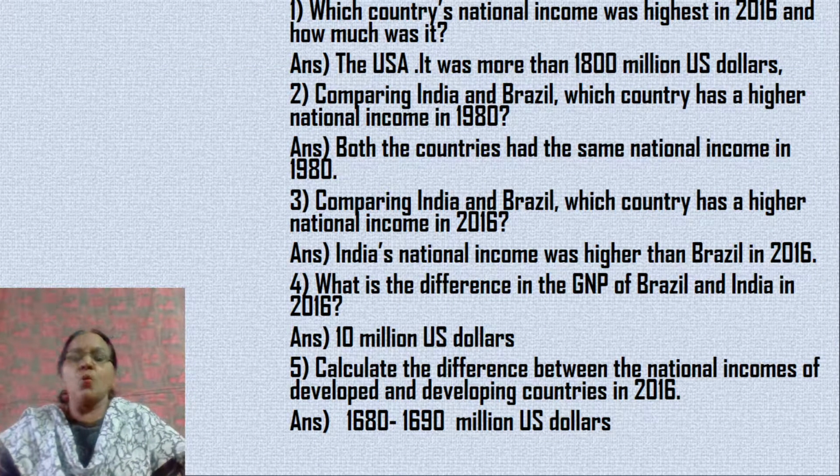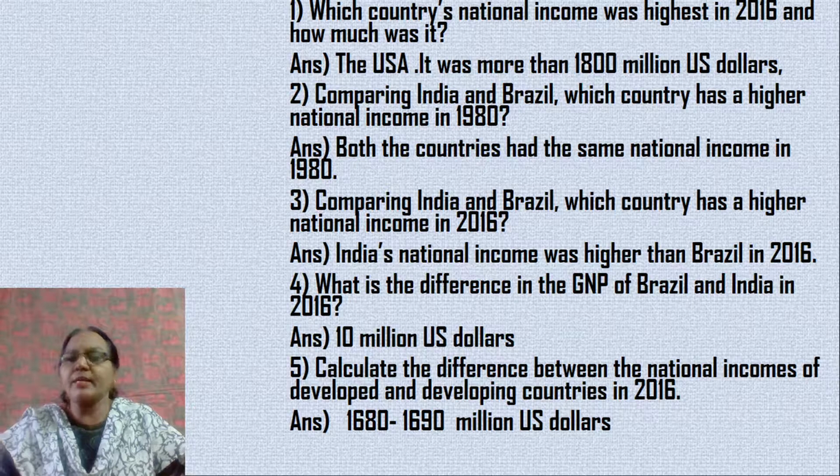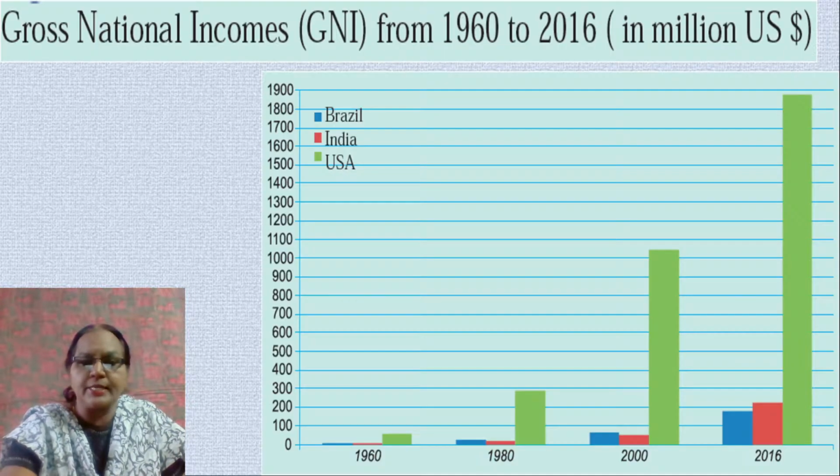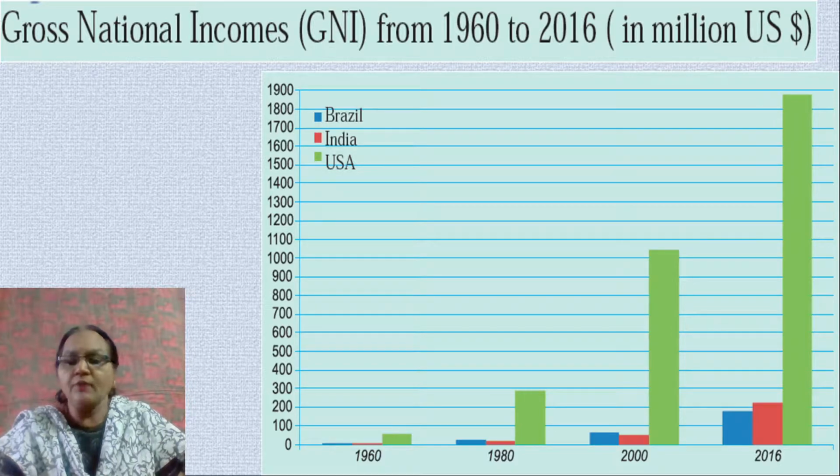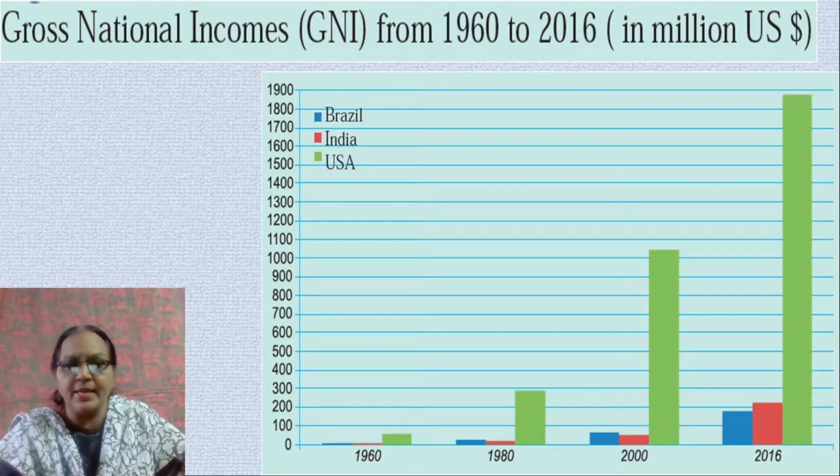Now which country's national income was highest in 2016 and how much was it? So look at the year 2016. From this graph you'll find that the gross national income of USA was the highest.